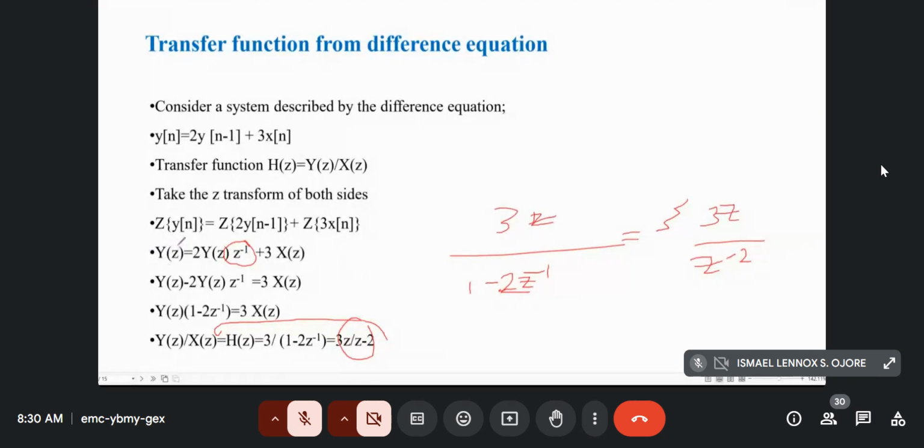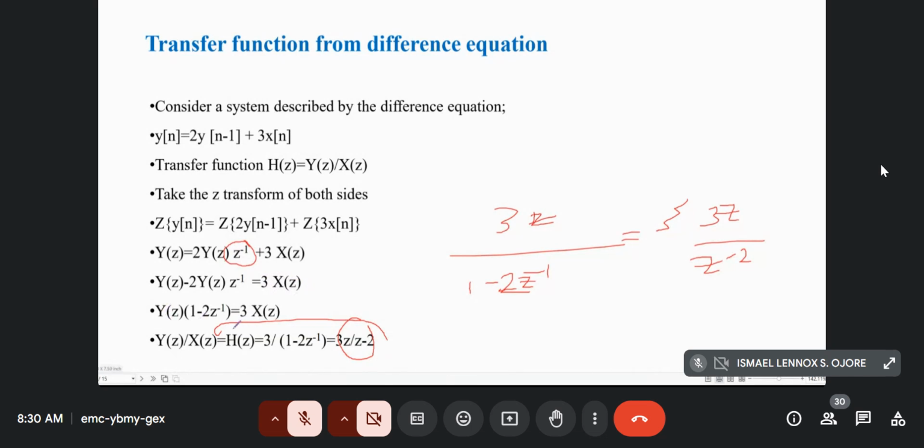So Y of z is simply 2Y of z, z to the minus 1. Whenever you have this delay, you have this z to the minus 1, and this is 3X of z. So Y of z minus 2Y of z z to the minus 1 is equal to 3X of z.